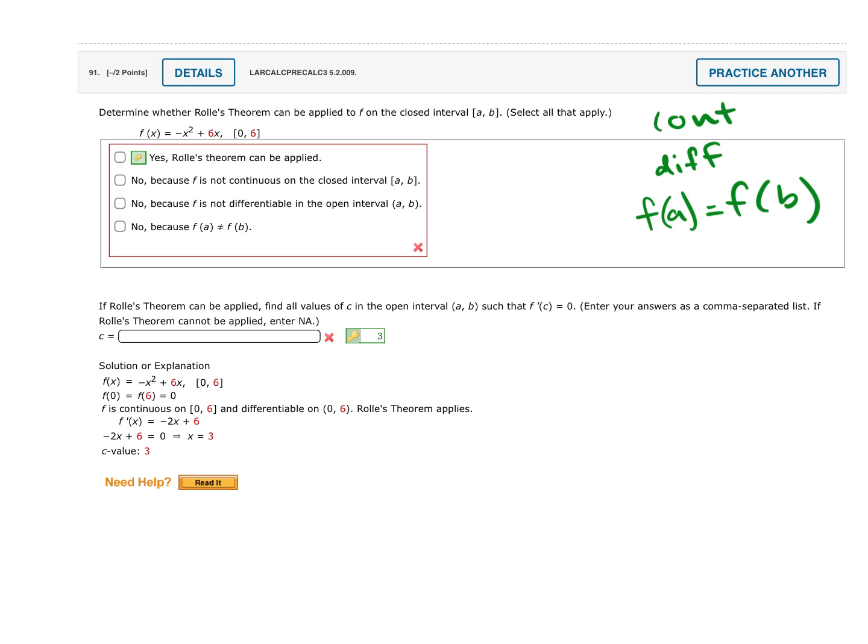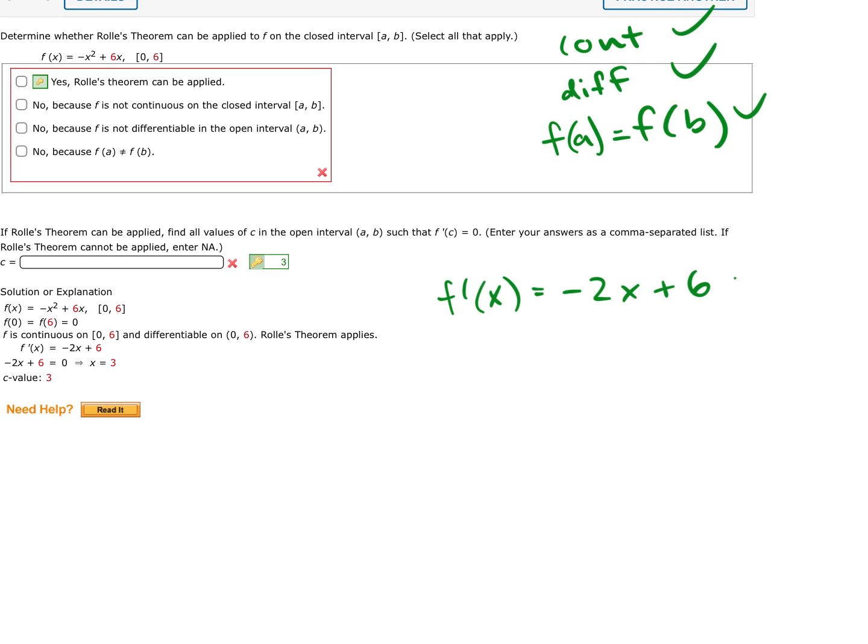Once we know that all three things are true, to find our value of C, we would find the derivative. So f prime of x would be negative 2x plus 6. Set this equal to 0 and solve for x. So this is Rolle's theorem.